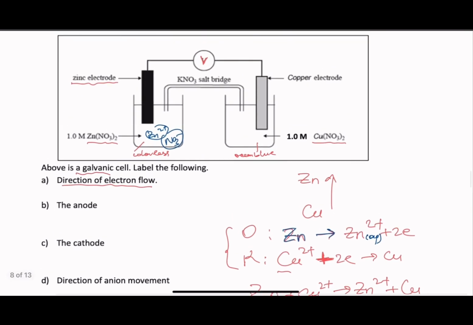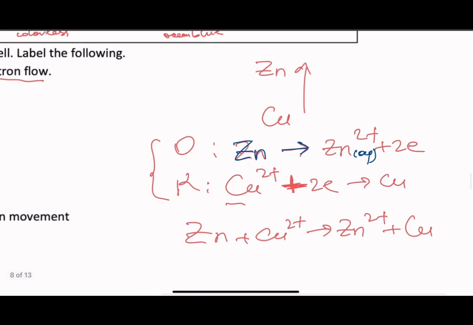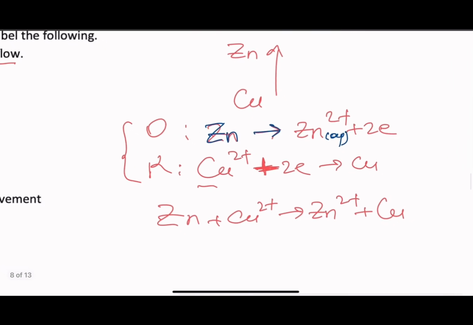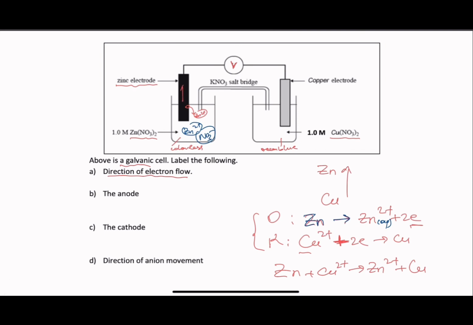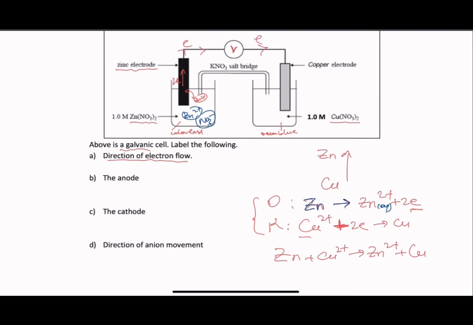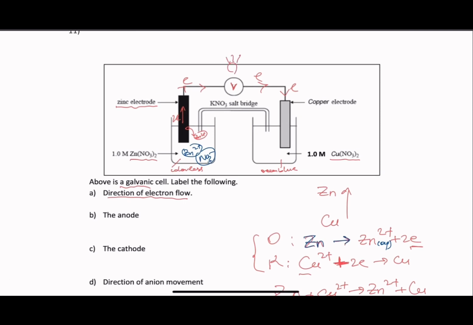So a piece of zinc from here eroded and fell into this aqueous solution, and we have electrons. So 2 electrons went up through here. So we denote the electron direction. If we had a bulb, it would light up here, right?